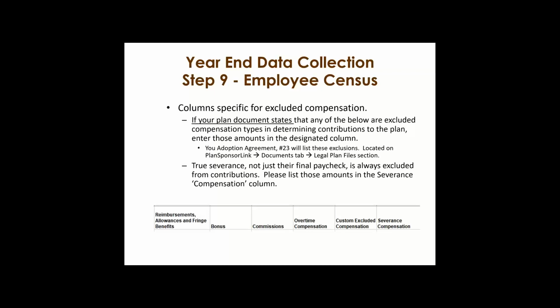Only the pre-tax employee portion. And then plan compensation would be your gross compensation minus any exclusion that is listed in your document. Okay, so it's that compensation that you're using to calculate the contributions that the employees and the company, as applicable, are funding to the plan.